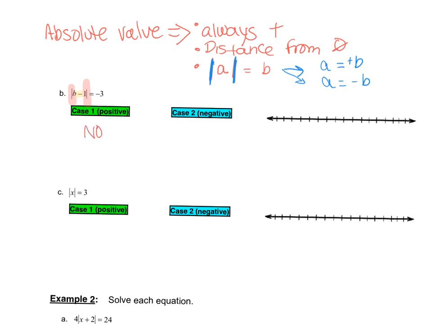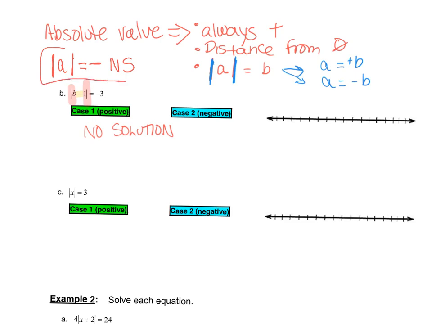So this is no solution. There is no number that when you subtract 1, after you take the absolute value, will give you a negative. So this type of equation, if the absolute value of anything is equal to a negative, it's no solution.